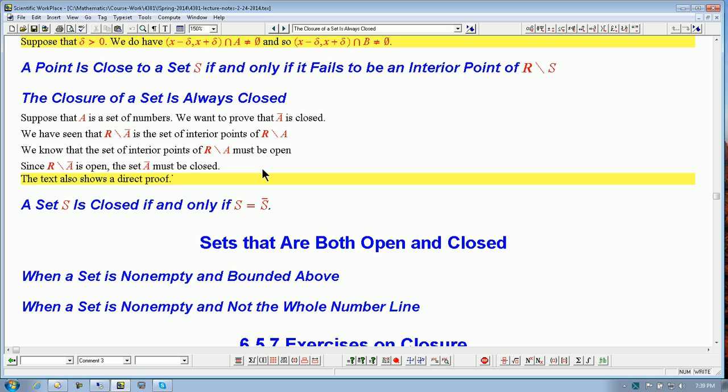But I decided to do it this way. I said, in a previous life, last Wednesday, if you take any set, and you look at the set of all interior points, that's always open.